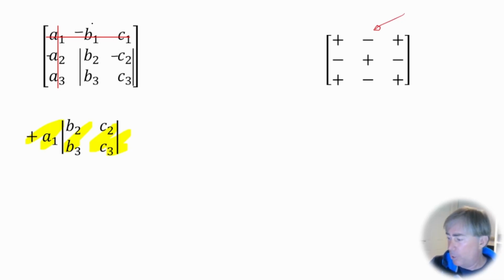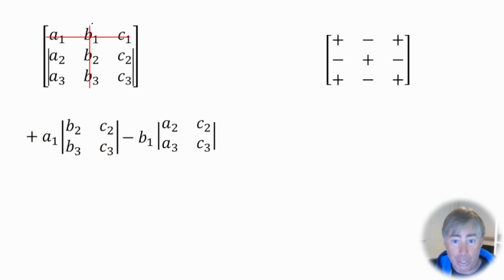So if I show you the next slide, it basically means that my next part of the calculation is I now cross off the first row and the second column, and now we have the minor determinant A2, C2, A3, C3 as denoted over here, and you'll notice also we have a negative sign in front, and we're multiplying that by where it crosses over, B1.